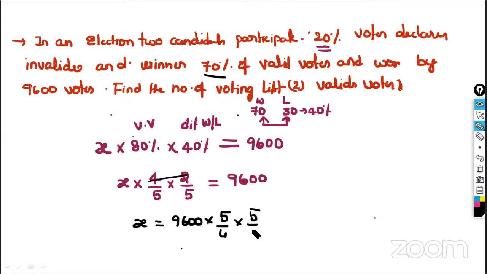Here 5 by 2. 4 2s are 8. 8 how many times? 8 1s are 8, 2s are 12 5s are 60. 6 5s are 300. After that, 2 zeros. So how much? 30,000.